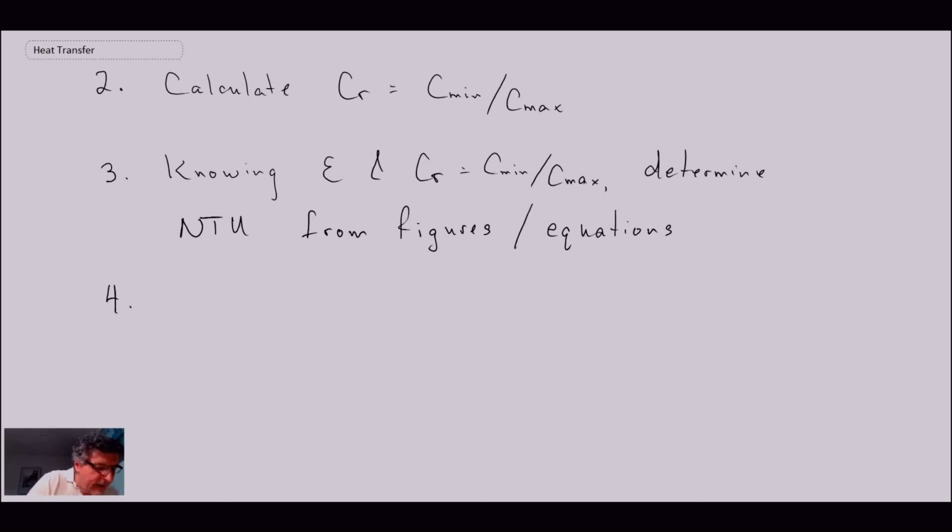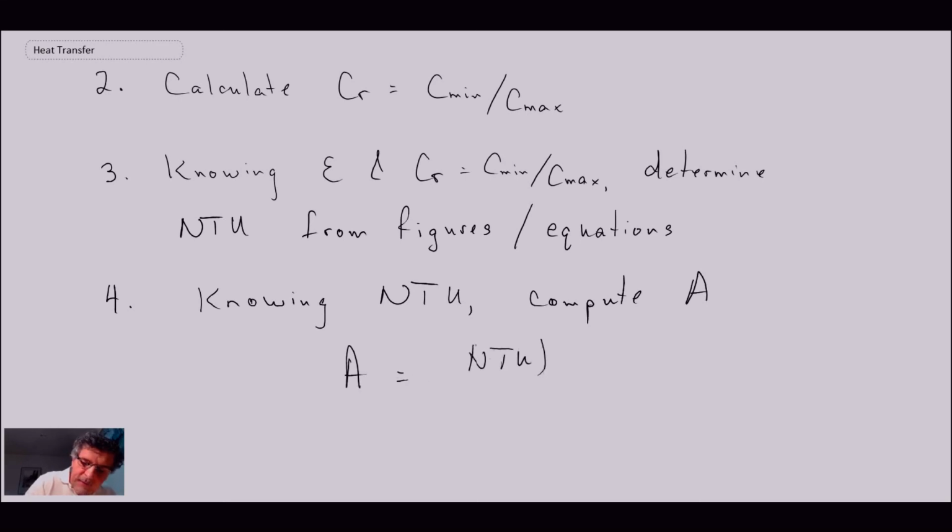And then finally, we're looking for the size. Knowing the number of transfer units, we can then get the area of the exchanger, since NTU is UA over C min, so the area is found by dividing by the overall heat transfer coefficient U.